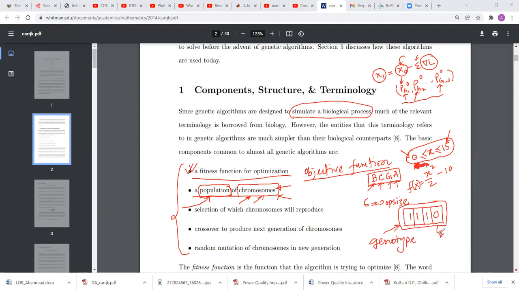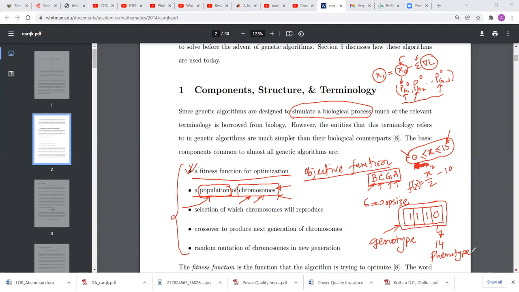And its actual value, how much is the actual value? 8, 4, 2, 1, so it would become 14. So genotype is this encoded term, and the actual value is the phenotype. Okay.